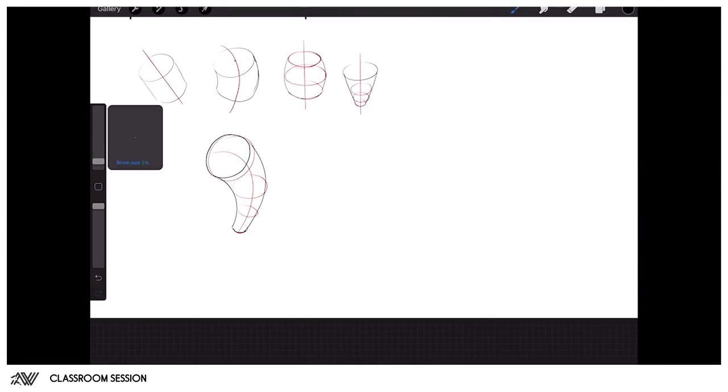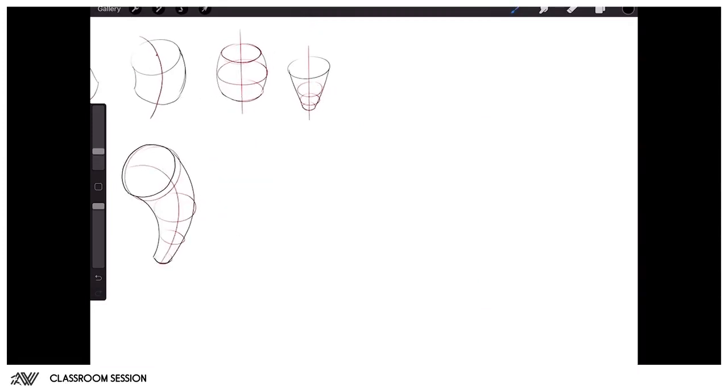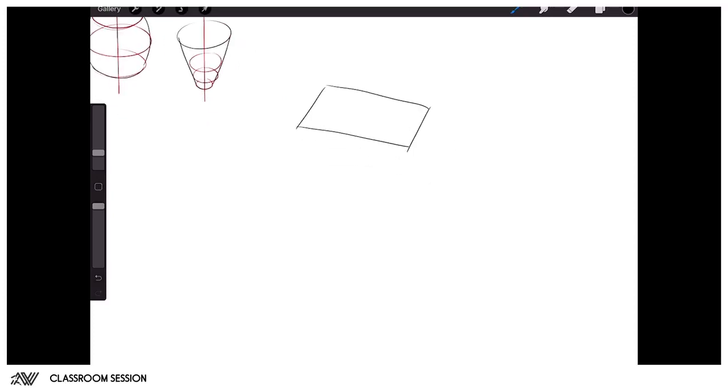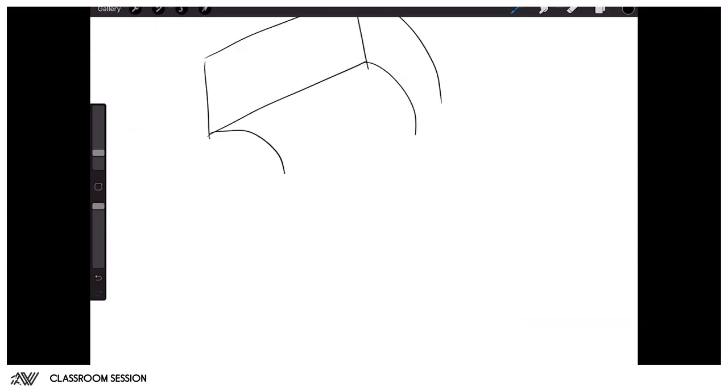So moving on with the boxes, it's basically the same thing. It's also thinking about contours, right? So if we have, for instance, a bent box like this, right? I'm going to keep it simple today.